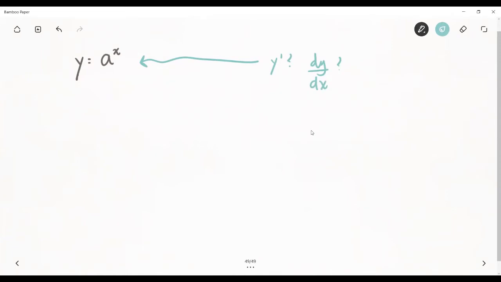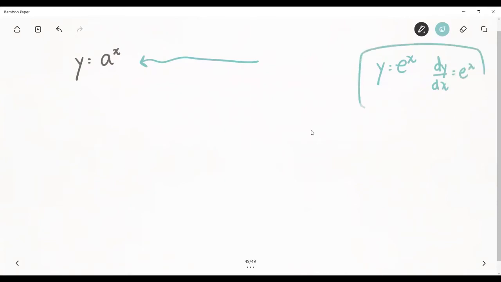But it does look similar to a derivative we do know, which is e to the x, because they're both exponential functions. So maybe a good place to start, since we know, like, if y equals e to the x, then dy dx is e to the x, right? Like, we know this.